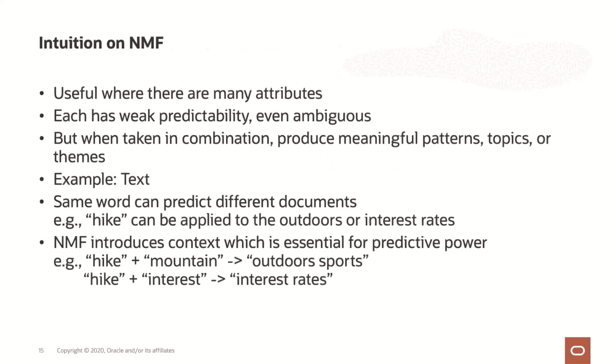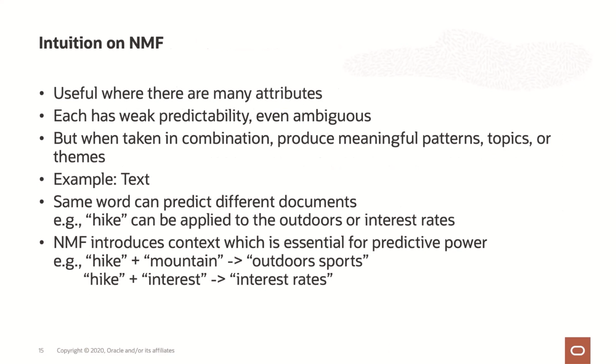So an intuition on NMF is basically that it's very useful where you have many attributes, of course, and some of these attributes might have weak predictability by themselves, but when you combine them, they will give you meaningful patterns. So in text, you can think about the word hike, for example.